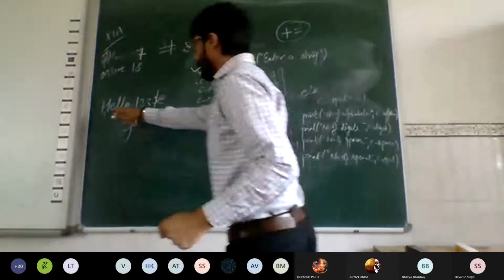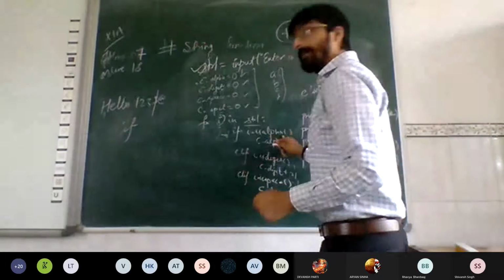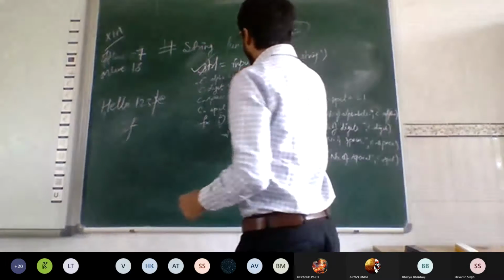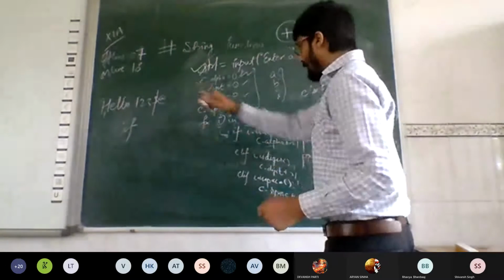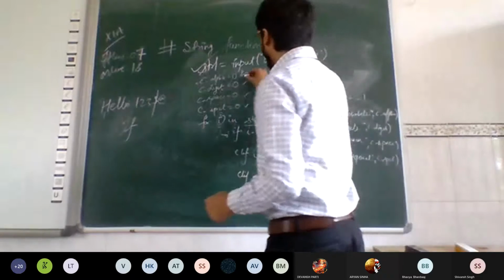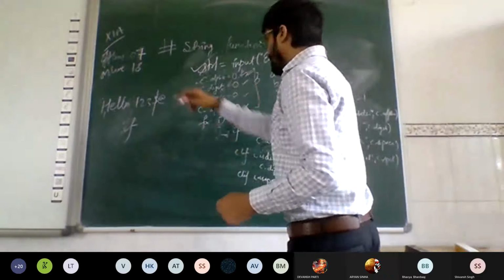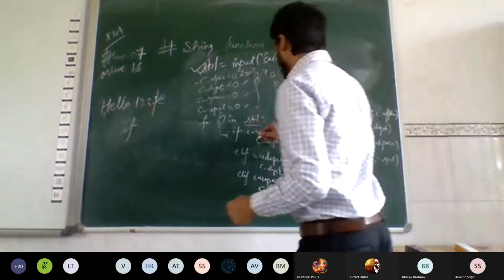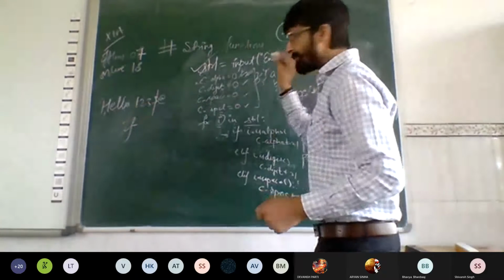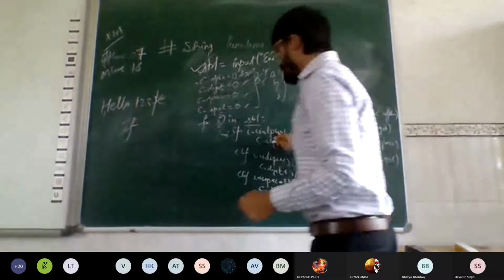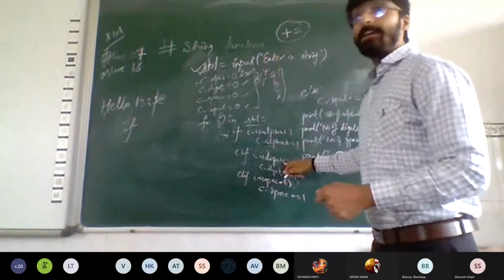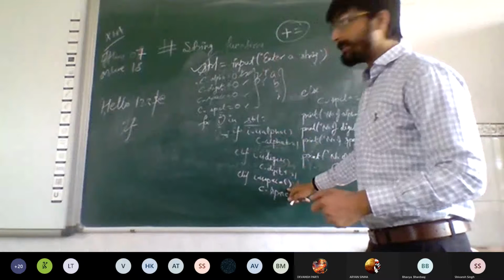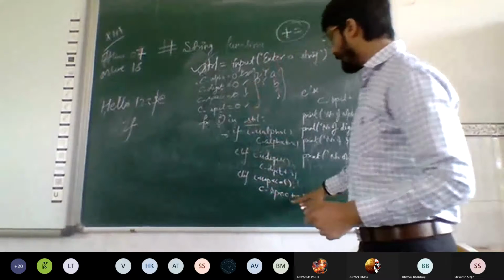So now the next character E is an alphabet. Yes, it's an alphabet. It will be 2 now. L, alphabet. 3 now. Next L, alphabet. 4 now. O, alphabet? Yes, 5. Space: alphabet? No. Digit? No. Space? Yes, it's a space. So C space will get incremented.